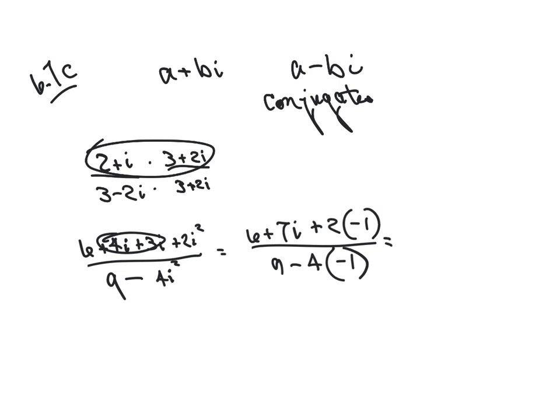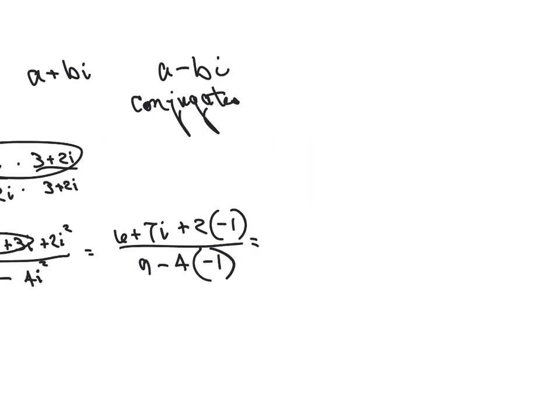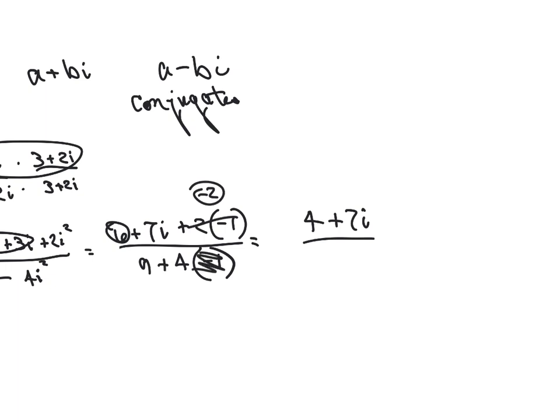And that gives us, this is -2, right? So 6 plus -2 is 4 plus 7i over 9 minus 4 times -1, which -1 times 4 is a negative, so that makes that a positive. And that becomes a 13.